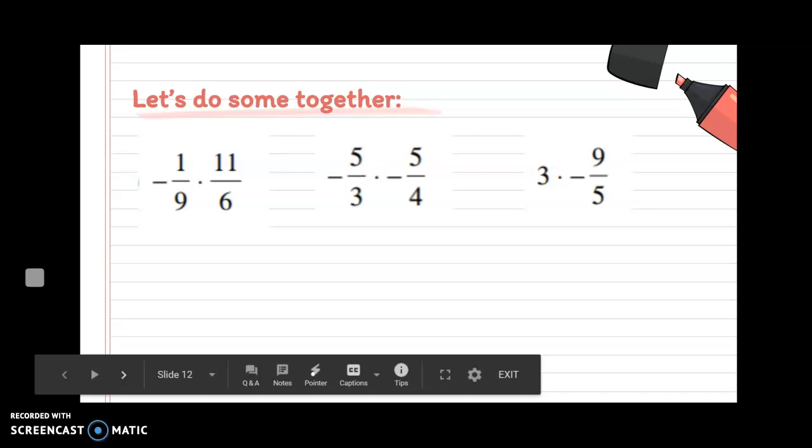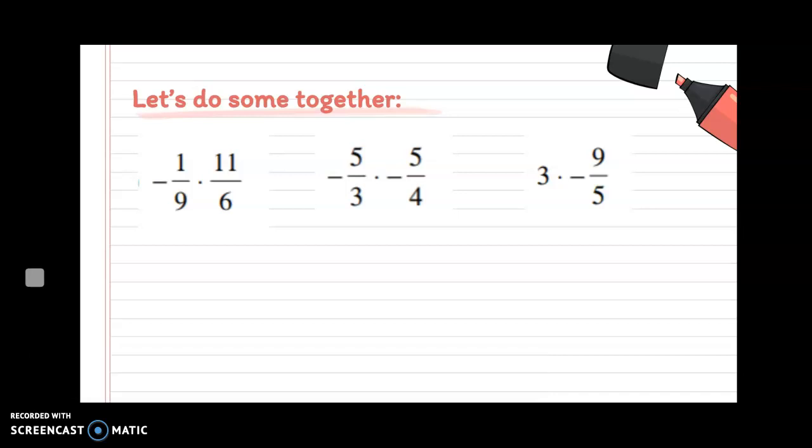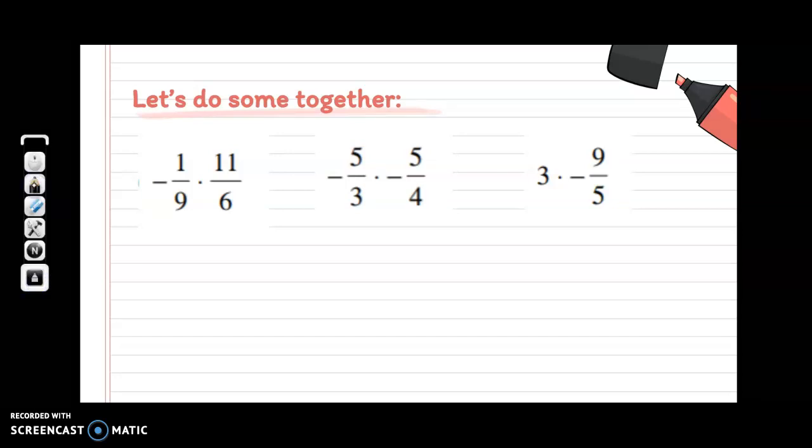So let's do some together. Remember that we just multiply numerators and denominators. I can make my pen just a tiny bit bigger. So in this first problem, we are going to multiply 1 times 11, and that gives us 11.